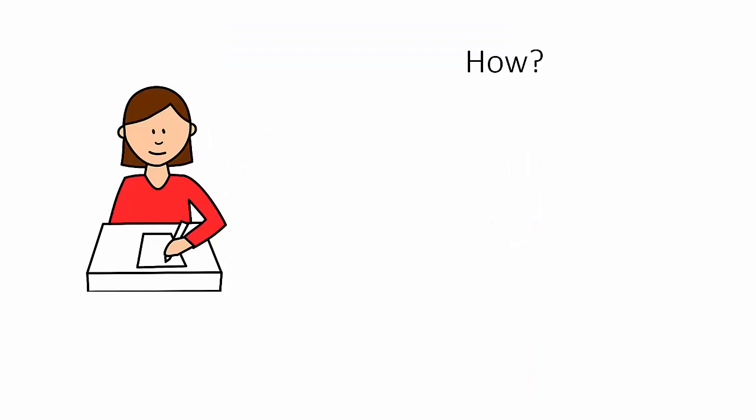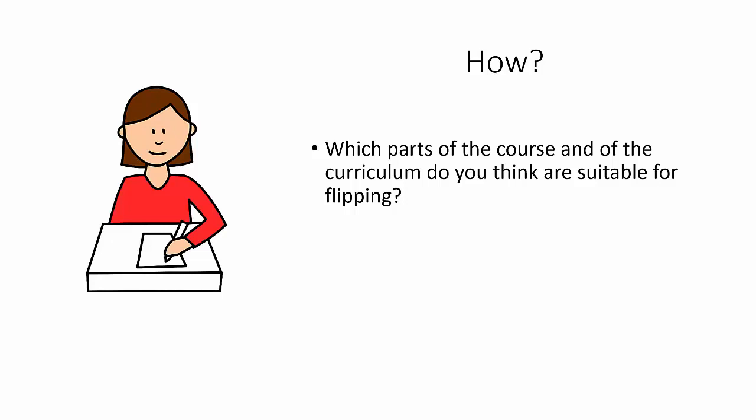How should we flip a classroom? Before using this strategy, some thought needs to be given. First, which parts of the course and of the curriculum do you think are suitable for flipping? Not all parts of a course may be suitable for this strategy.